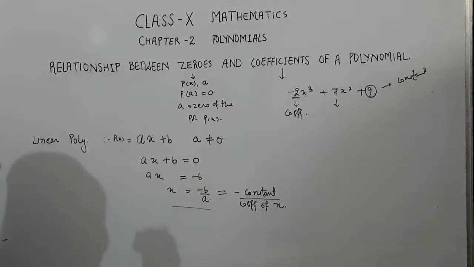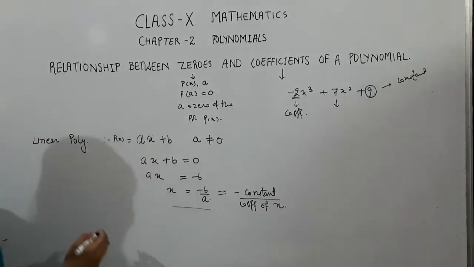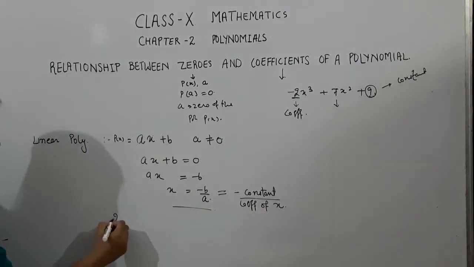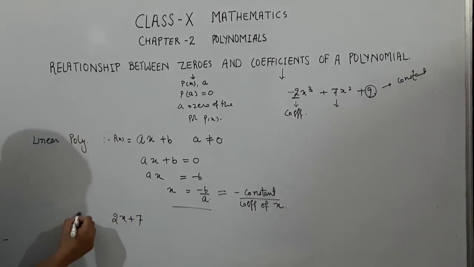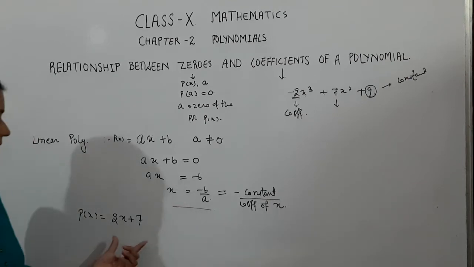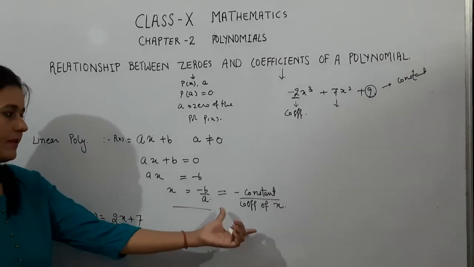So we can apply this on any general example. Let me take p(x) is equal to 2x plus 7, right? So what is the use of finding this relation?